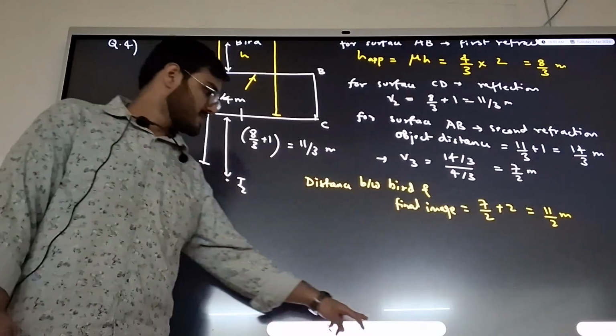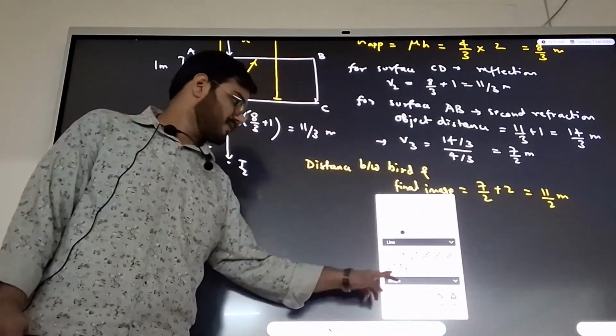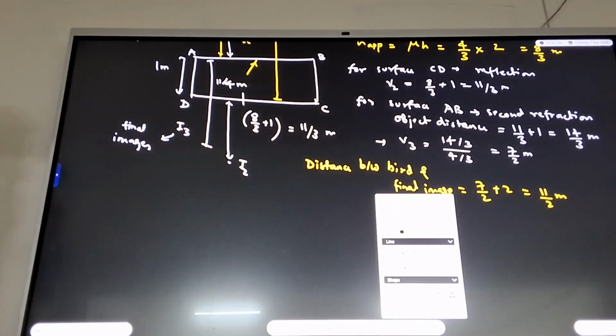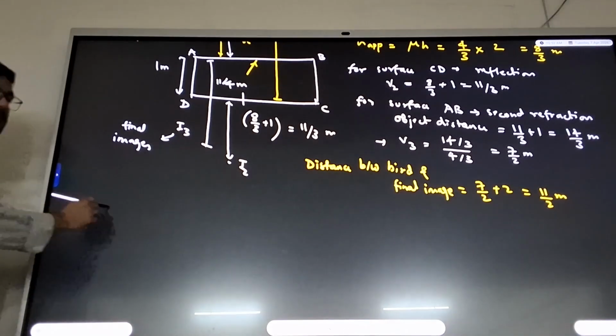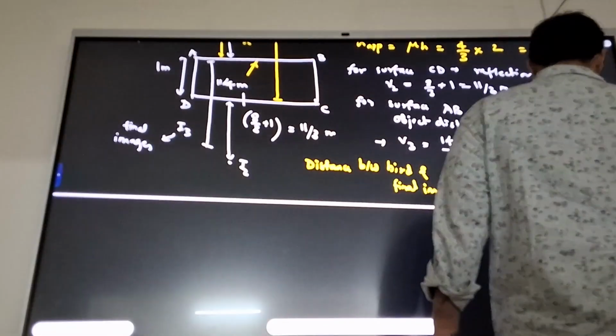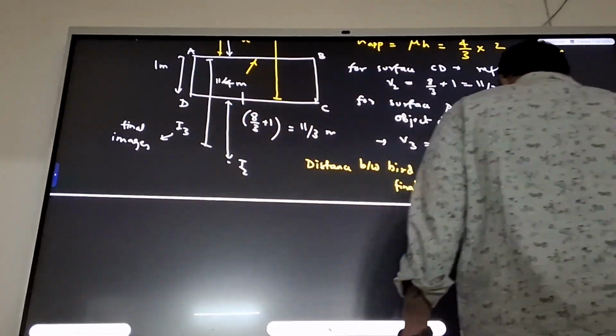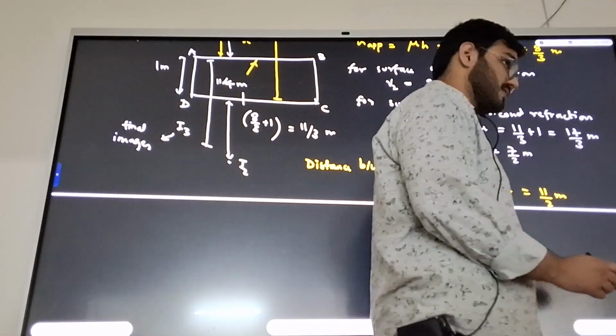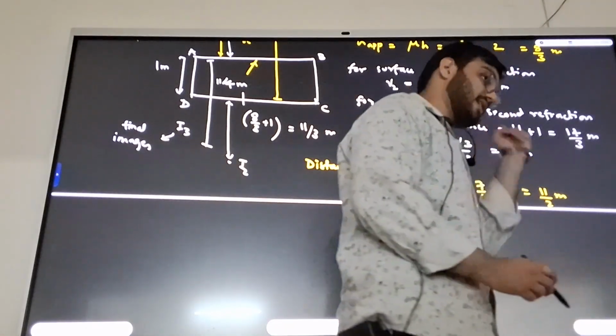So we are done with the topic of refraction, single refraction from the surface. Considering the placement of the object, but we are considering the rays. What do you mean? We are considering the rays for the virtual object. Rays matter.